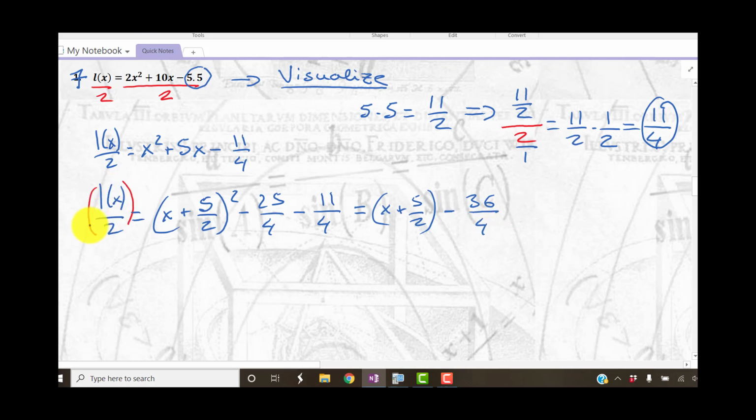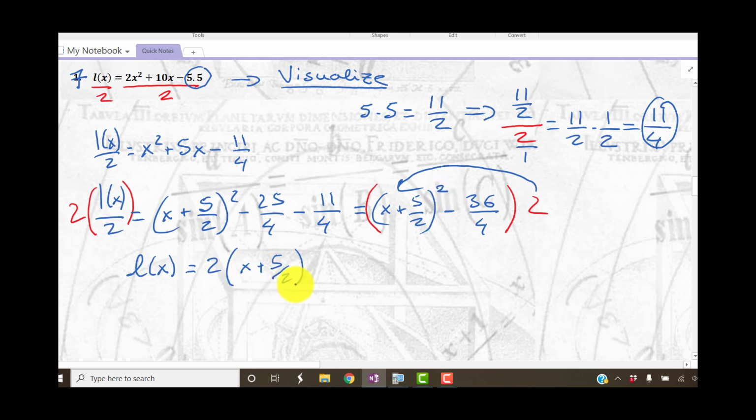Now I need to multiply both sides by 2 in order to have my vertex form. And I have L of x equals 2 times, oh, I forgot my square here, 2 times (x plus 5/2) squared minus 36 over 4, actually this is just 9, right? And 9 times 2 is 18, so minus 18. Okay, that will allow me to answer the question simply by visualizing the graph.